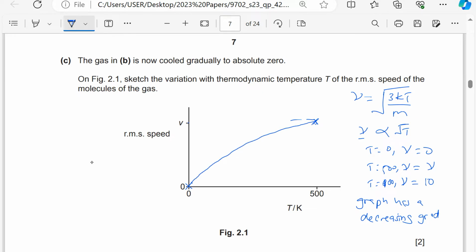That is the perfect graph. It is not a straight line at all because V is directly proportional to the square root of T. If it was V directly proportional to T, it would be a straight line. But since V is directly proportional to the root of T, it is a graph with a decreasing gradient.